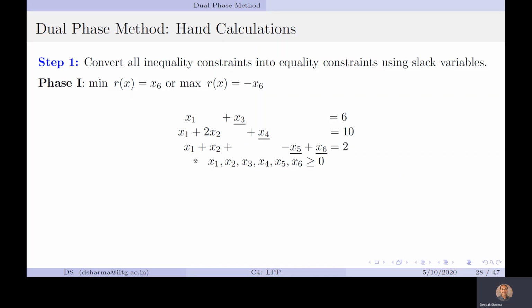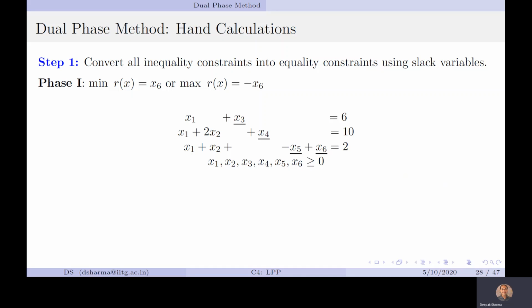Now coming to the third, which was in a different form: x1 plus x2 minus x5. This x5 is a slack variable which we have subtracted. In this scenario, we add one artificial variable, called x6, and it equals 2. The number of variables we have is 6 now, and all of them should be greater than or equal to 0.